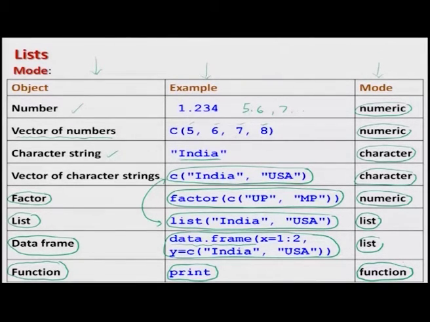These types of modes help us in determining, in a bigger data set where we cannot look into the individual values, whether my data set has a number or a character or a combination of them, or whether it is a logical vector, and so on. So, I have taken some of the important objects and described what their modes are.